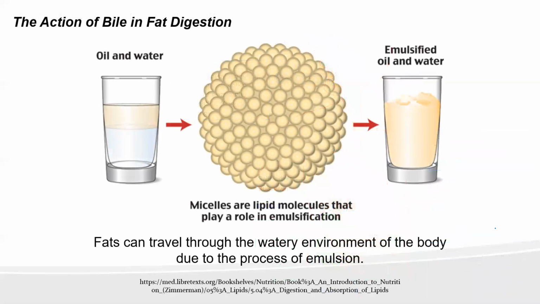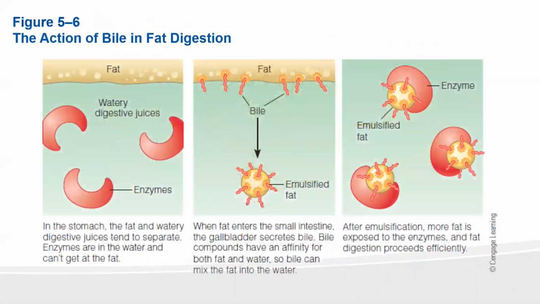Oh, by the way, I want to talk about this emulsification, right? In terms of what is going on. This is kind of the idea around, like I said, the salad dressing before. You've got the two layers, the oil and the water. And when you emulsify things, they are mixed. And so fats can travel a lot better this way. And in terms of bile, here's bile. You can look up the chemical structure of bile if you want.